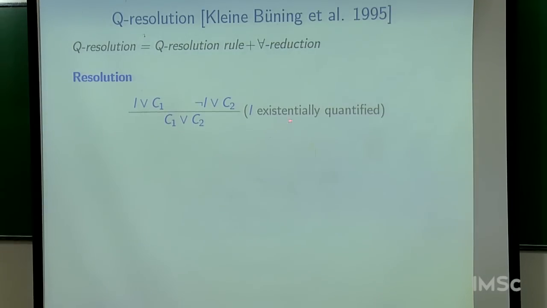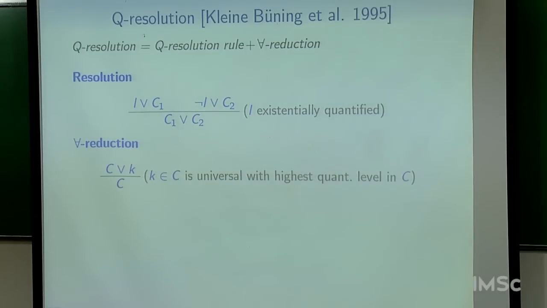In order for it to be complete, we want a refutation, so we want to end up with the empty clause, and we also need some rule to get rid of the universal variables. For this, we have universal reduction.